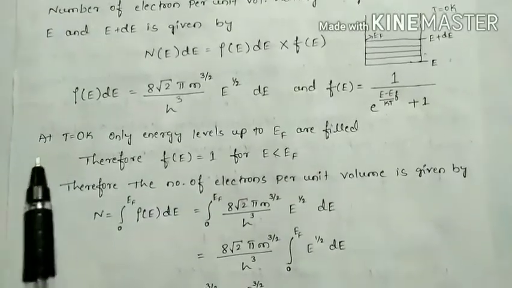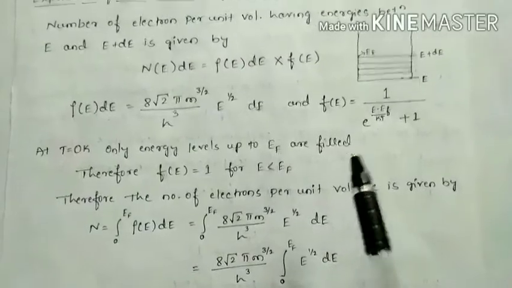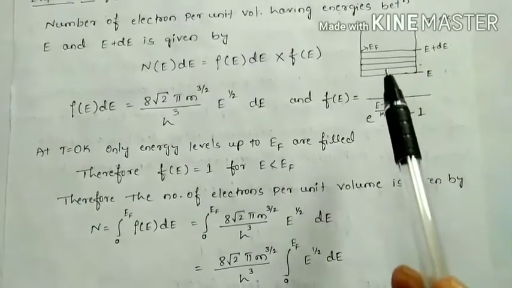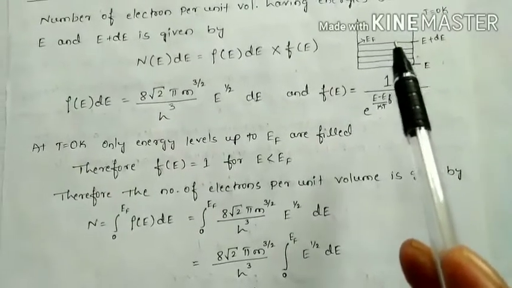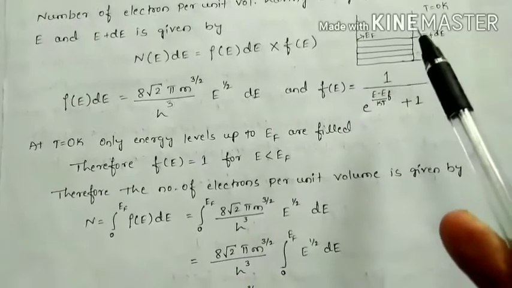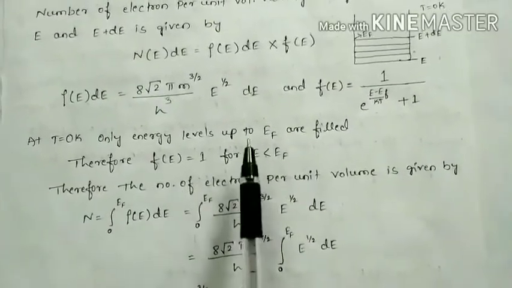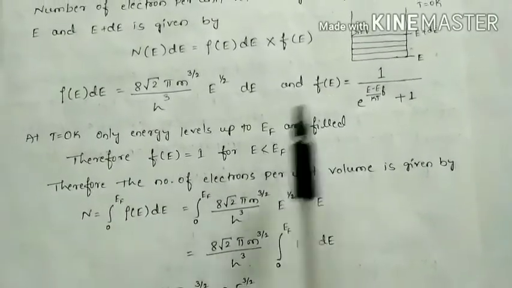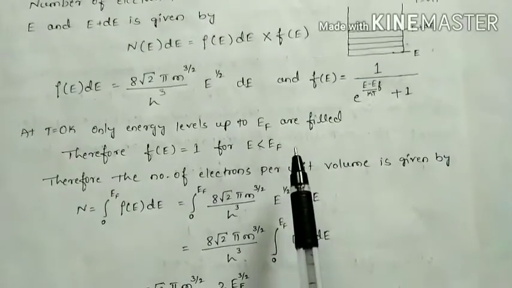So now at 0 Kelvin only energy levels up to Fermi energy are filled. Above Fermi energy they will be vacant. Therefore F of E probability function will be 1 for energy levels less than Fermi energy.